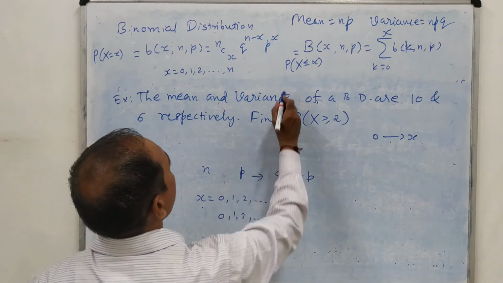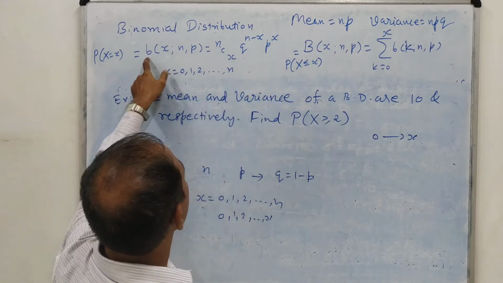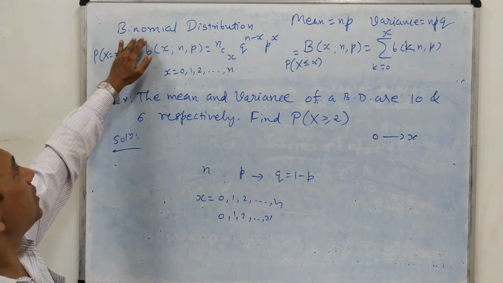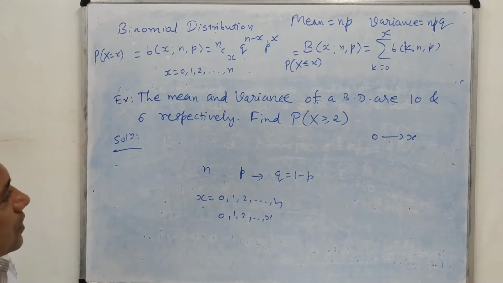Normally in the chapter on probability distributions we denote these using other symbols, but here we are using small b and capital B because it is a special kind of distribution known as the binomial distribution.